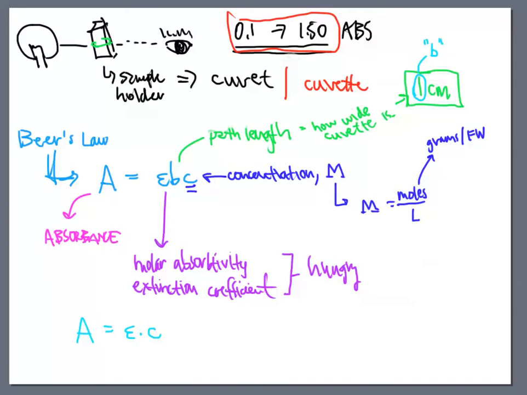So the molar absorptivity gives us an idea of how hungry these molecules are. In other words, it gives us an idea of how much light they typically absorb based on some criteria that we set.